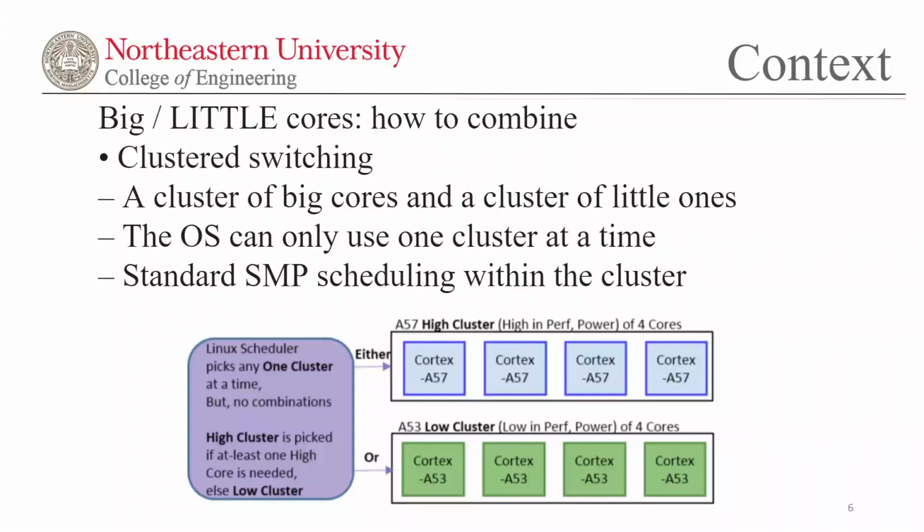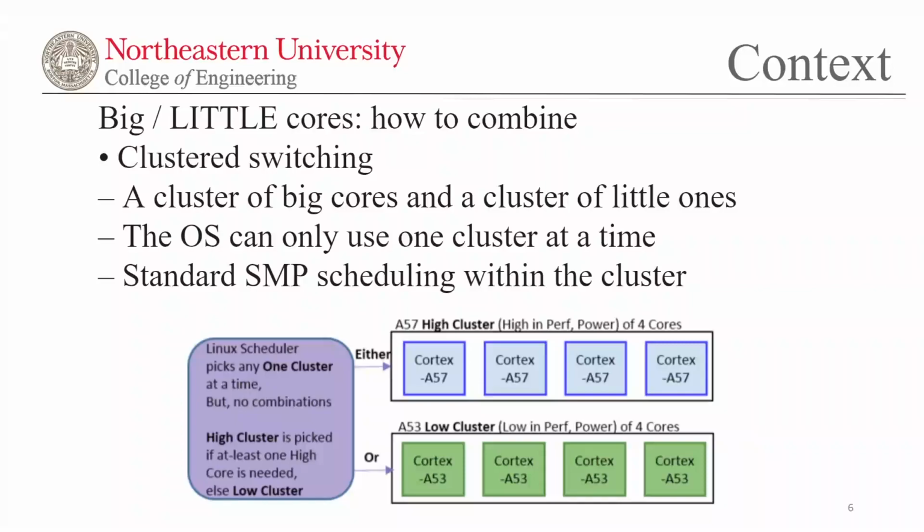And the most important thing for the big.LITTLE cores is how to combine them. In the history of big.LITTLE development, there are three ways to combine big and little cores. The first one is cluster switching.